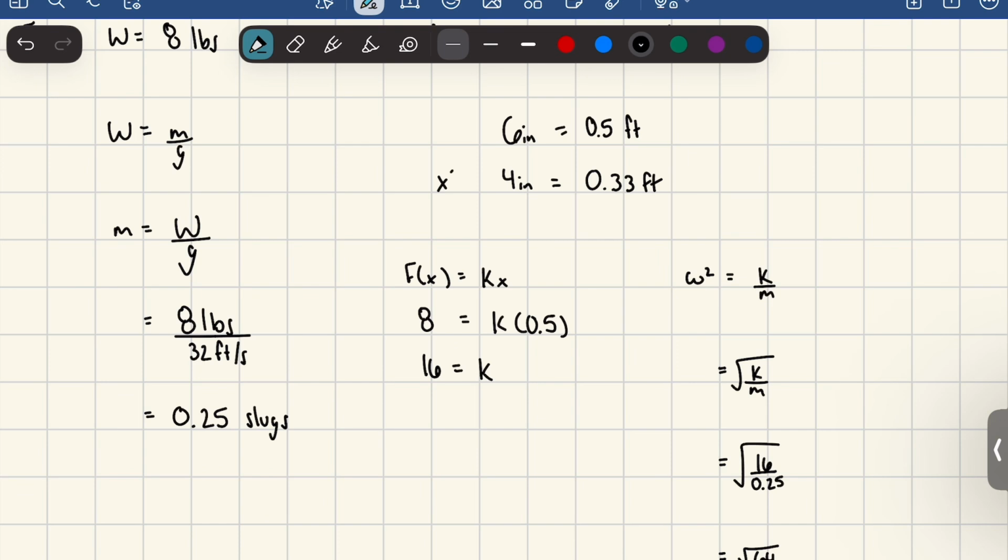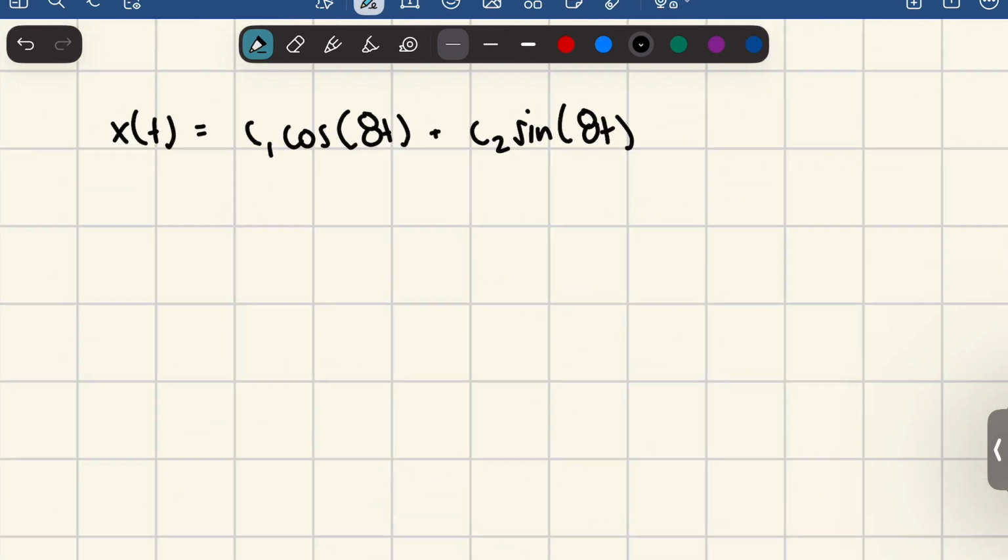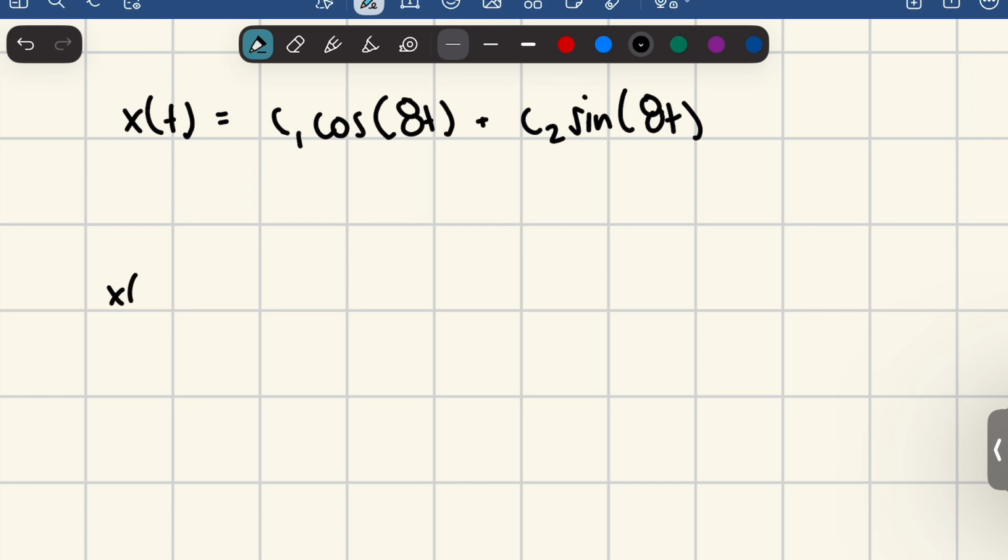That'll be our initial displacement, or initial position.